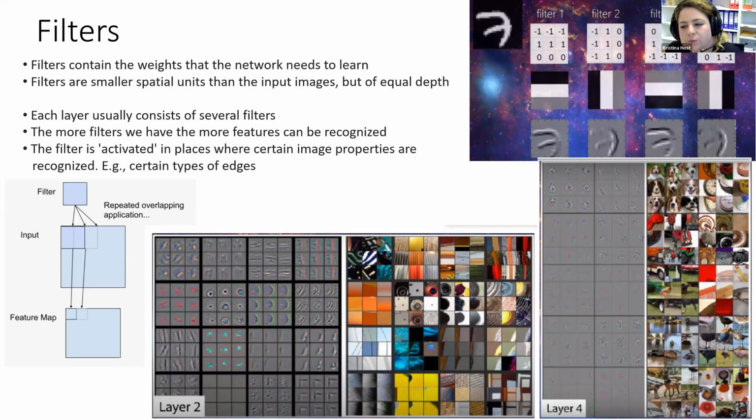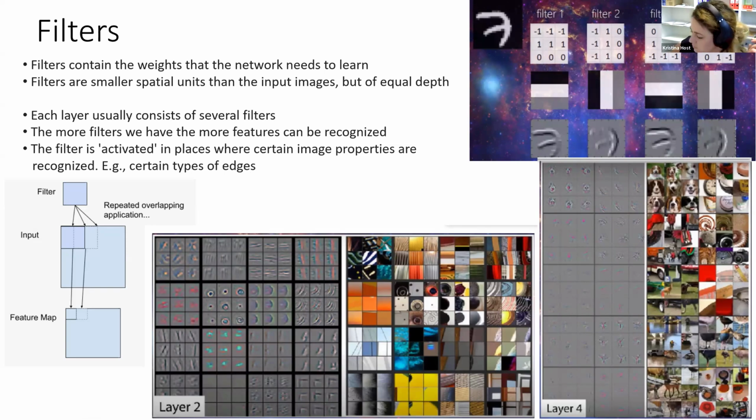So we want to give them weights, and we want them to find where on the pictures something interesting is happening. For example, we can have a lot of filters on the image. If we have more filters, we can recognize more features. So the more filters we have, the more features can be recognized.